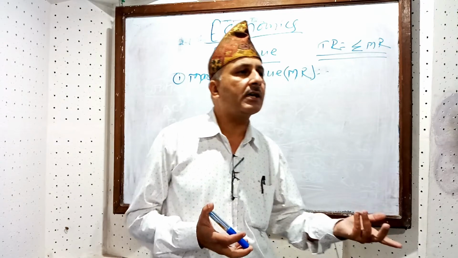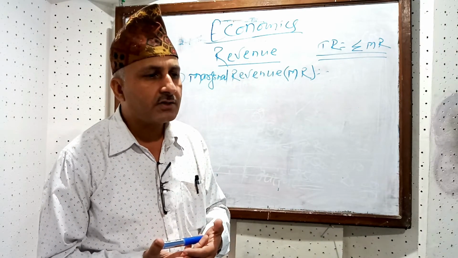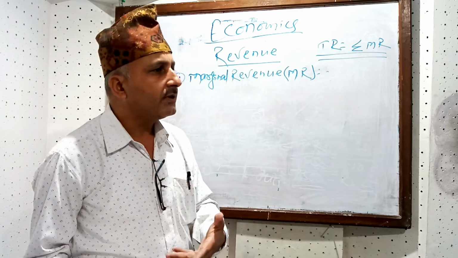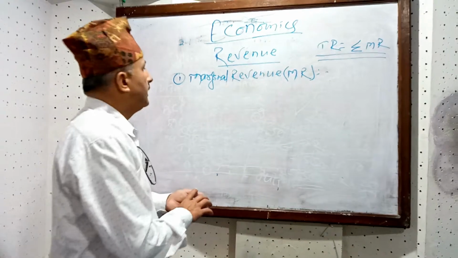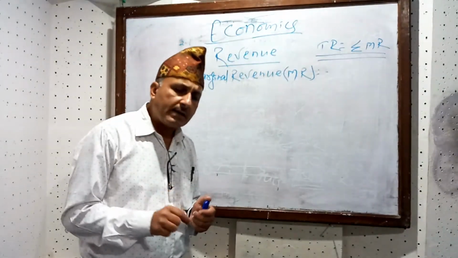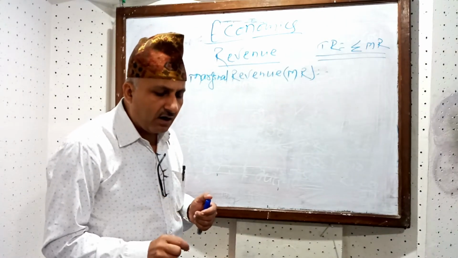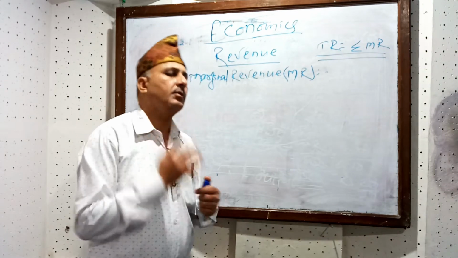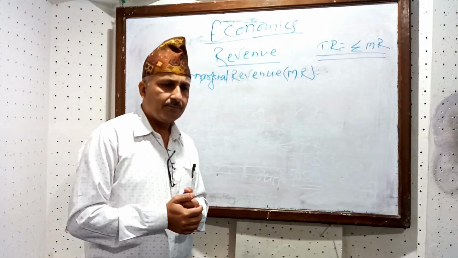Marginal means change. If you discuss marginal cost, that is change in total cost. Here also, marginal revenue is change in total revenue. Okay, now how to define it? Marginal revenue is the change in total revenue due to the sale of one more unit of a commodity. Again, I am going to repeat it.